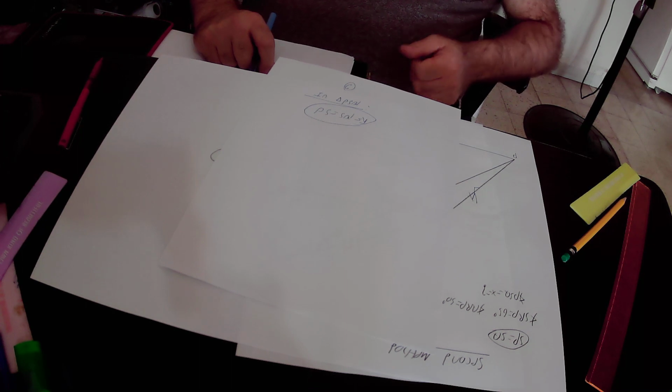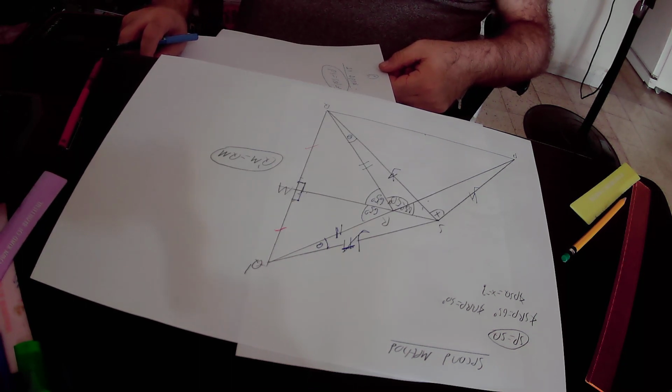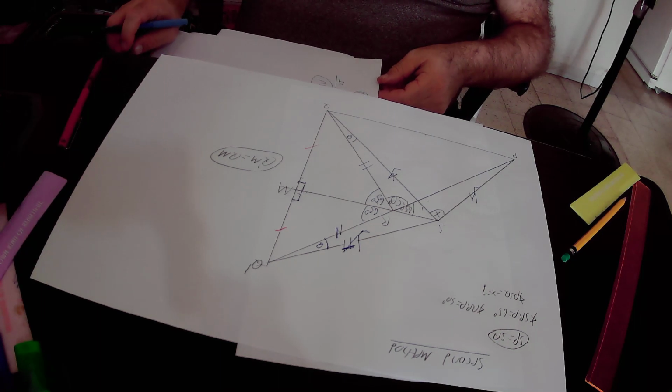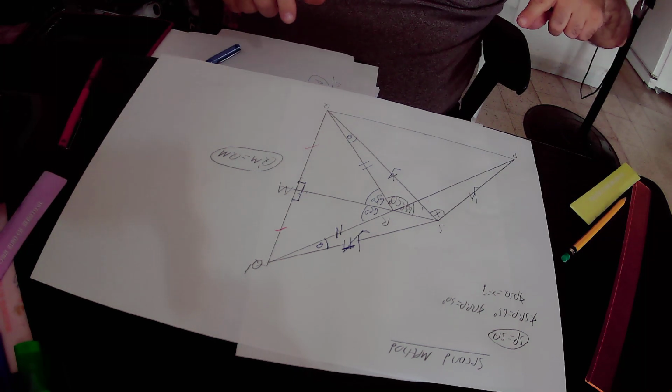And we actually have a rule that states that in front of equal sides in a triangle there are equal angles.